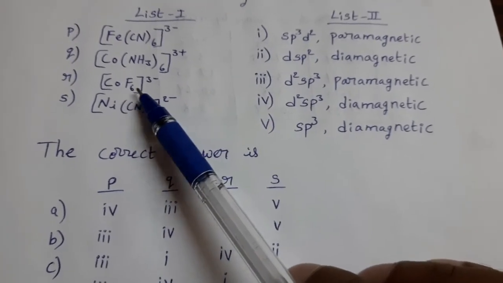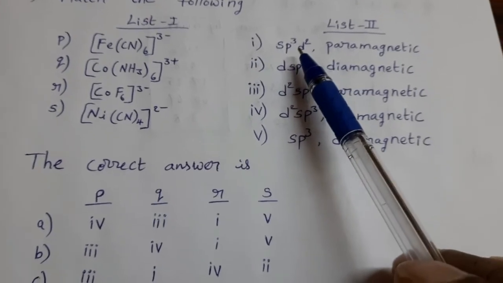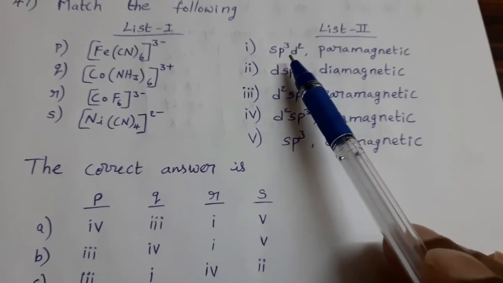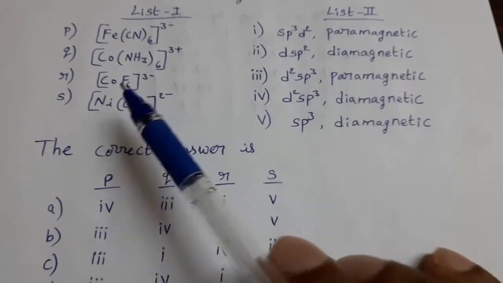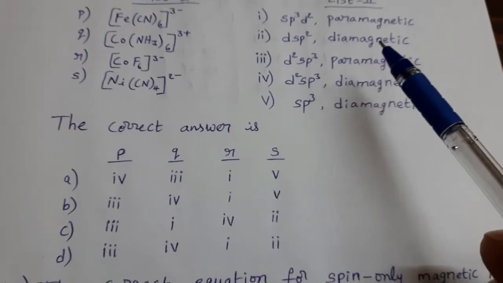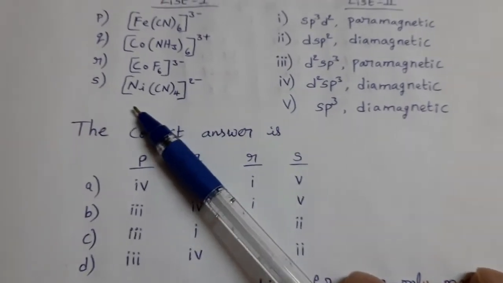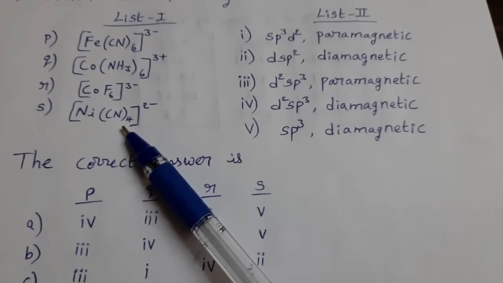Next, this is a weak ligand, with 6 coordination number. Hybridization: only outer orbitals participate in the hybridization, sp3d2. Nature is paramagnetic. If you write the electronic configuration for the central metal atom, we can get the magnetic nature. Next, [Ni(CN)4]2-. Here the coordination number is 4.